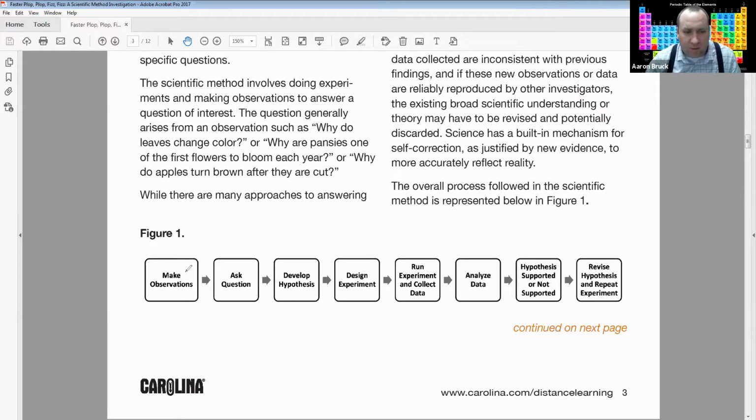So we make observations about the world around us. That turns into us asking questions about what we're seeing. And that eventually leads to an explanation. That is what we call a hypothesis, an explanation that explains what is being asked through those observations. And once we have a hypothesis, then we can go about testing that hypothesis.